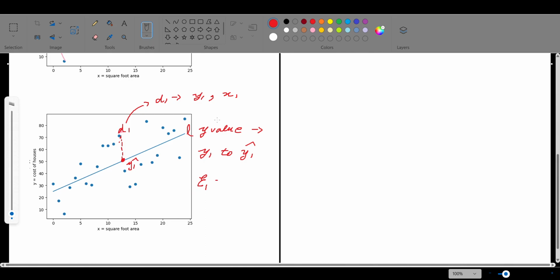So error 1 is equal to y1 minus y1 cap, and what we'll do is we'll take the modulus of this. Why? Because let's say if D1 didn't lie above the line and it lay below the line, you would get a negative value, and that does not really help us in this case because we just want to know the magnitude of the error. We don't want to really know the direction. That doesn't matter to us. So when we say y1 minus y1 cap, we take the modulus.